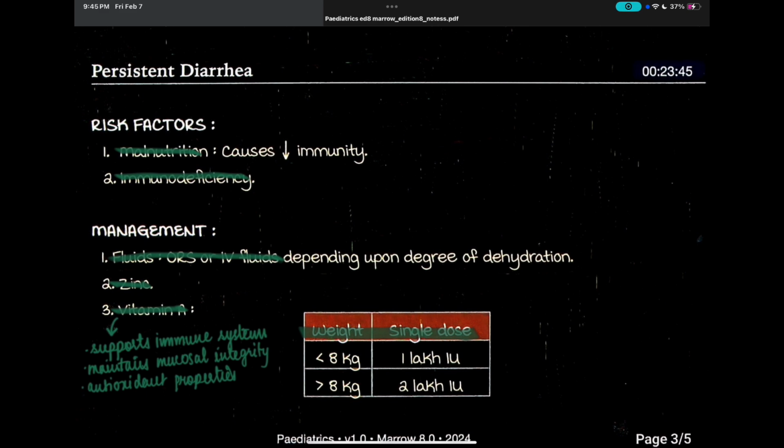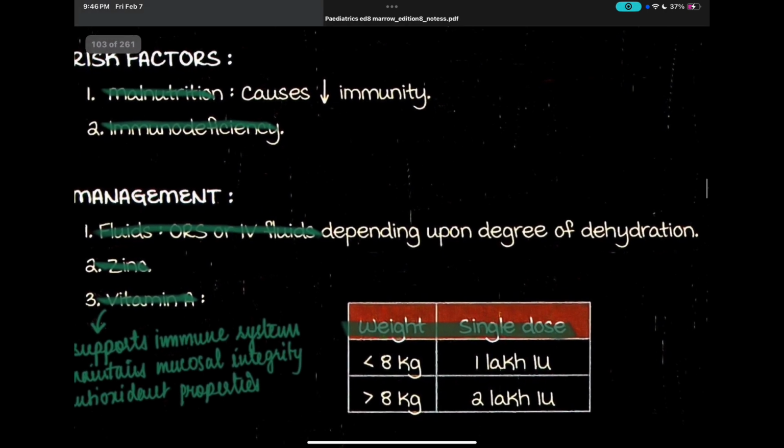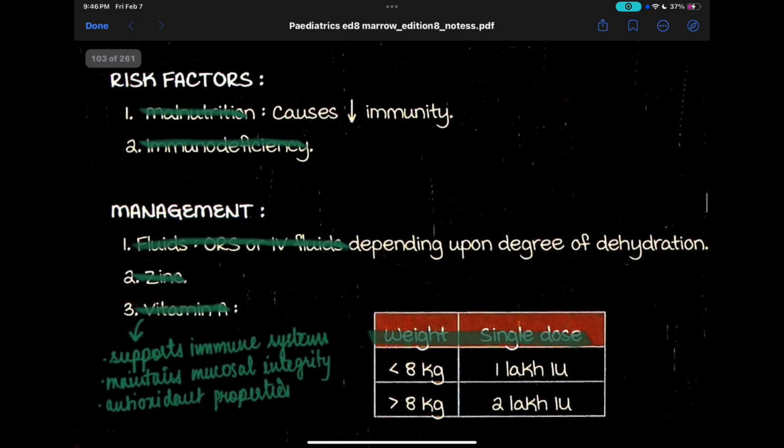Immunodeficiency, management: fluids, ORS versus IV fluids depending upon the degree of dehydration. Second, zinc. Third, vitamin A. Vitamin A supports the immune system, maintains mucosal integrity and has antioxidant properties.